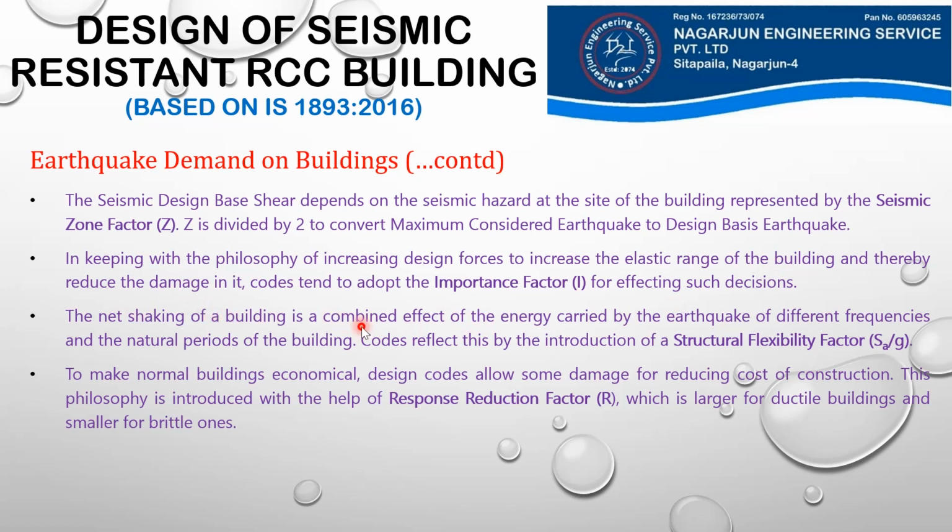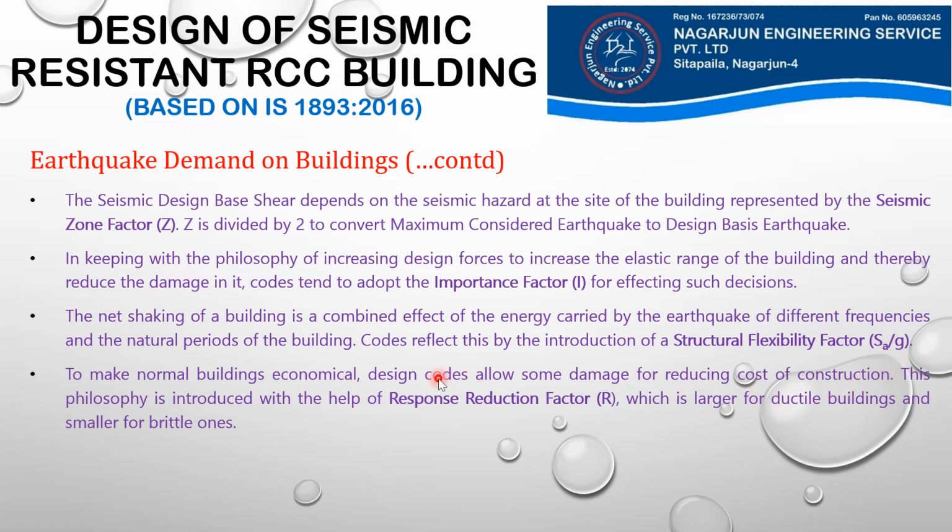The net shaking of a building is a combined effect of the energy carried by the earthquake of different frequencies and the natural periods of the building. Codes reflect this by the introduction of the structural flexibility factor, which we saw as Sa/g. And finally, to make normal buildings economical, design codes allow some damage for reducing cost of construction.